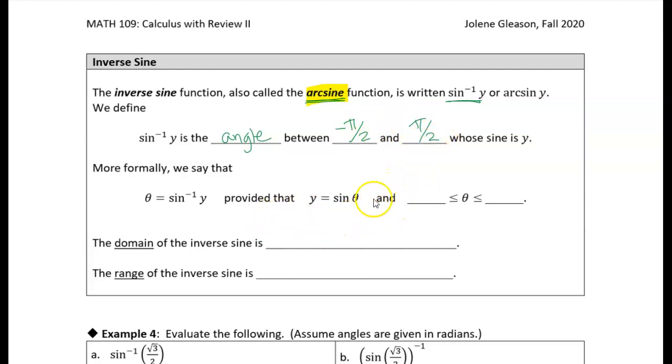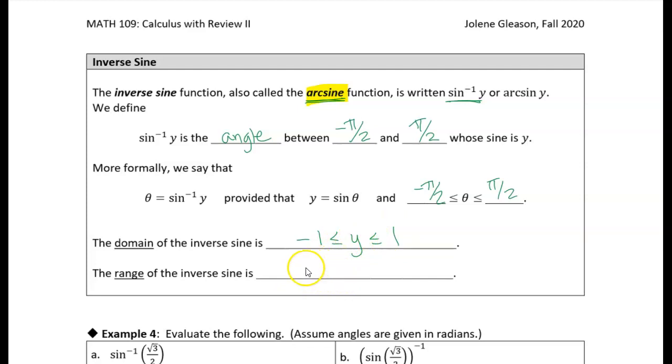Okay? So this is just restating this in a little more formal way. And again, the range of the inverse sine is always between minus pi over 2 and pi over 2. I'm really emphasizing this a lot. The domain, the input, is always going to be a sine value, and sine can vary between -1 and +1.